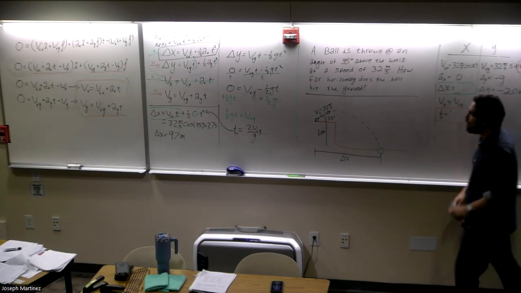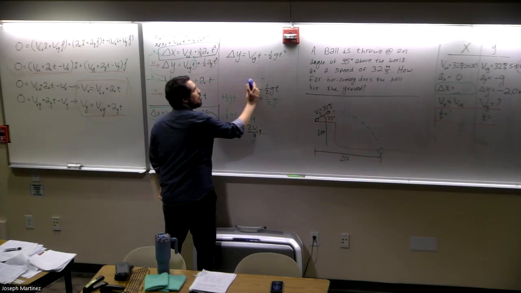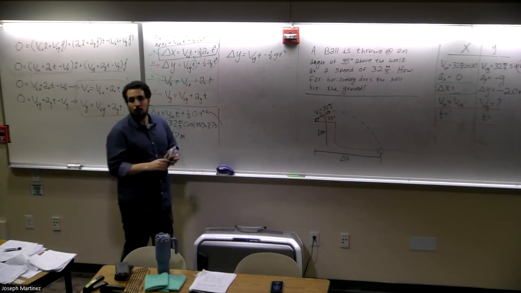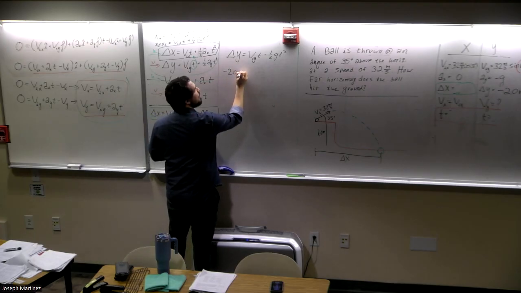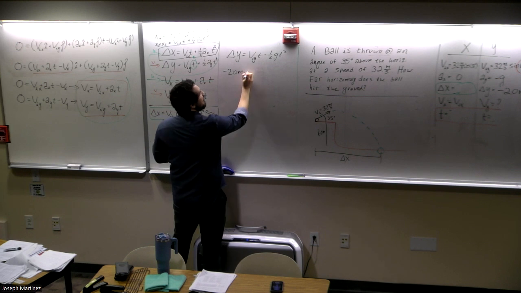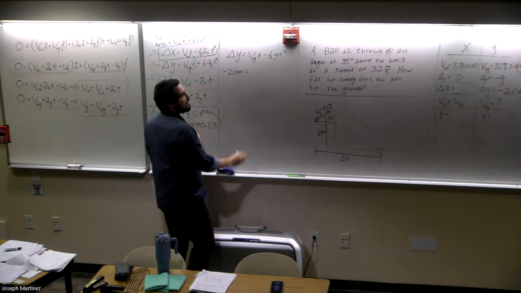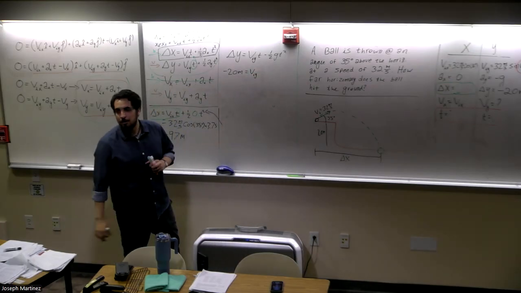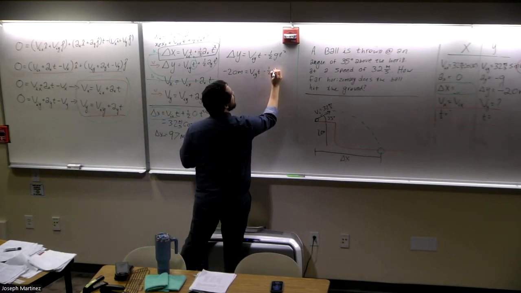How long? Well, you would determine that by going back to this free fall equation, where now we say delta y, negative 20 meters, is equal to v initial y, which is going to be that 32 meters per second times sine of 35, whatever that value comes out to, minus 1/2 gt squared.